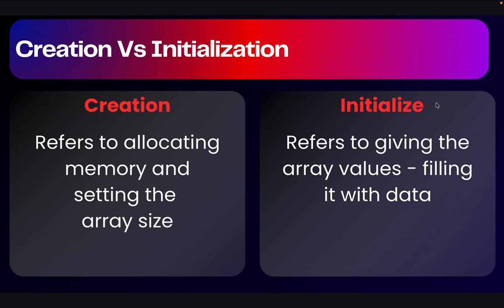You may hear both of these terms, but to give you an idea of the difference, creation refers to when you're giving it the amount of memory it will need and setting the array size, while initializing means that you're going to give the actual array values or fill it with data.